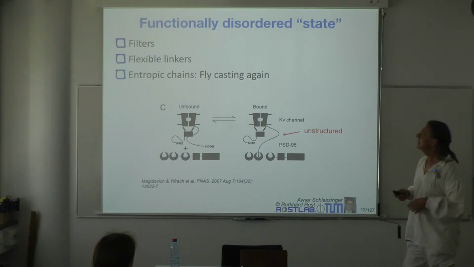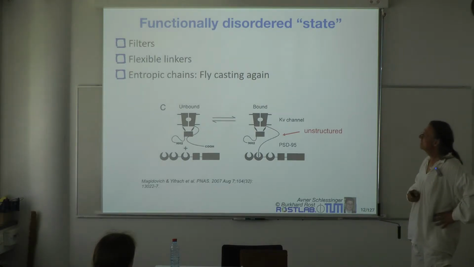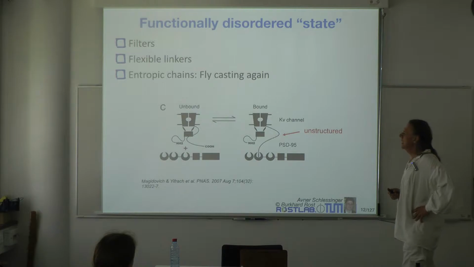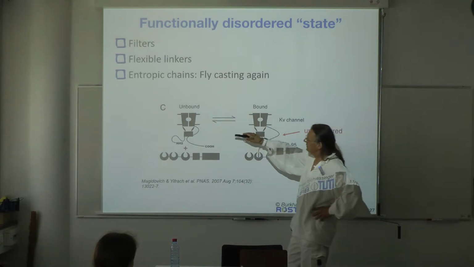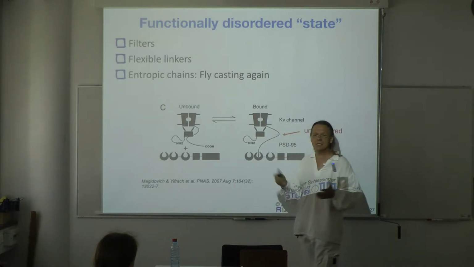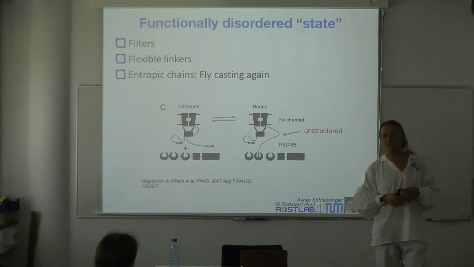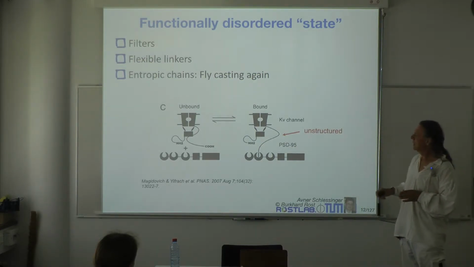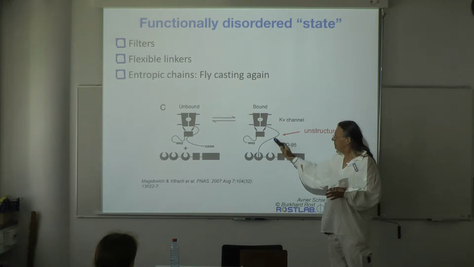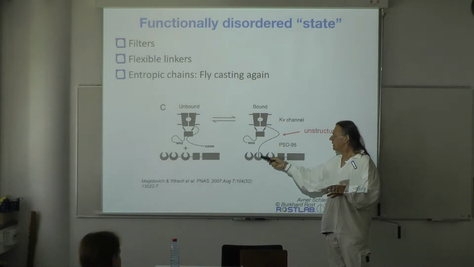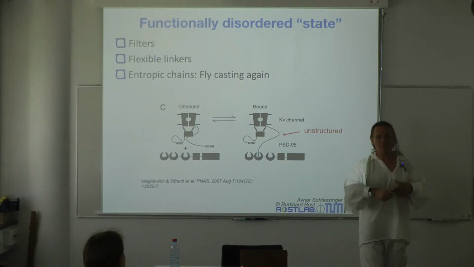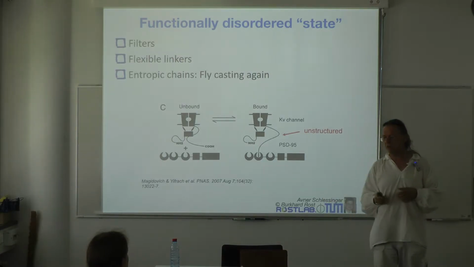Another mechanism, often referred to as fly casting: essentially, you have a loop that dangles, in this particular case the C-terminus, the end of the protein, that dangles around. And the loop, being unstructured or disordered, in fact binds to another protein because it reaches out very far.